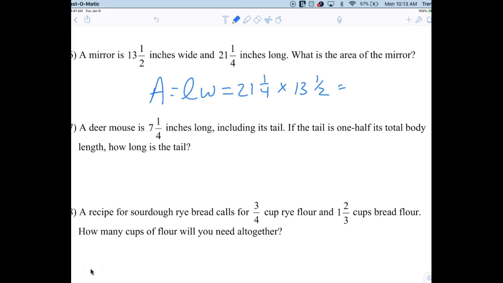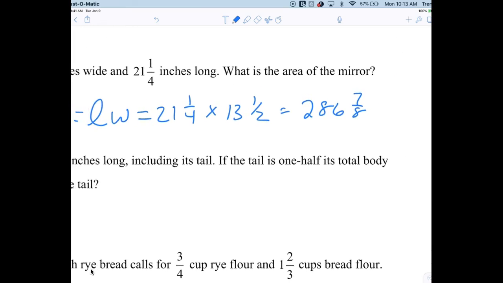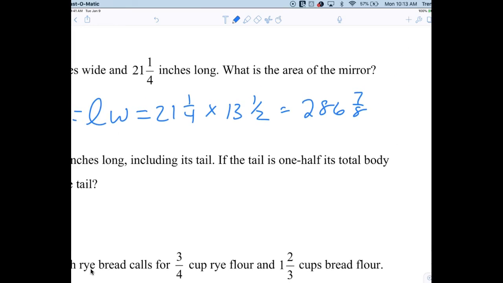What'd you get, kiddo? Take your time. Good job. What's our units? Did you think on your own or did you just hear that? We're measuring area. So inches what?